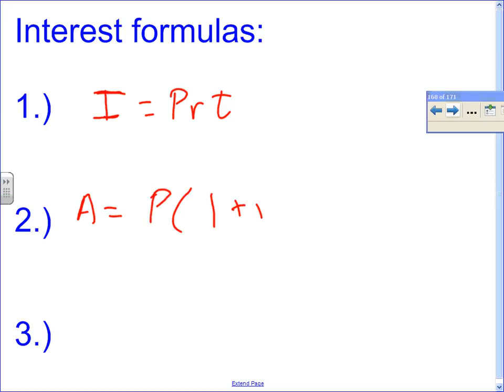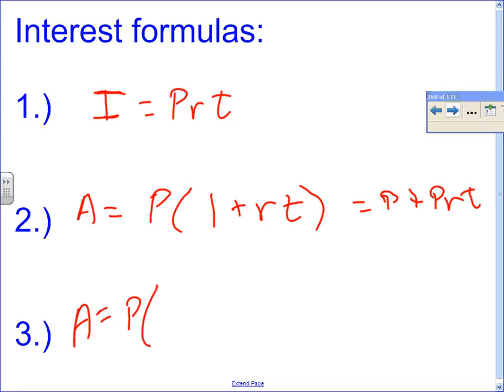Yep. Or P plus PRT. Yep. Matt, how do you find account balance for compound interest? Good job. Annalise, is this on homework? I'll come to you in a second for that, okay? Any questions on the formulas?